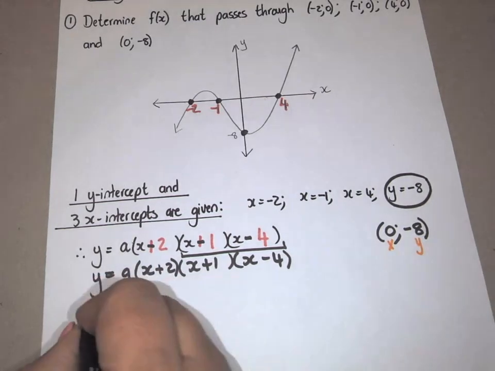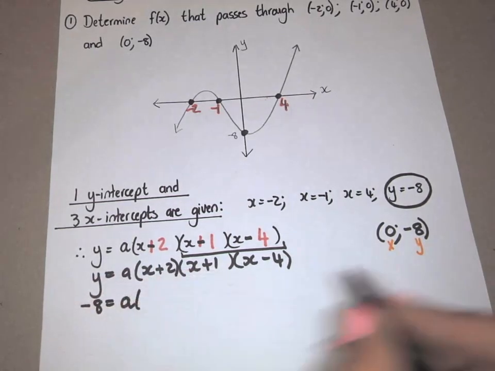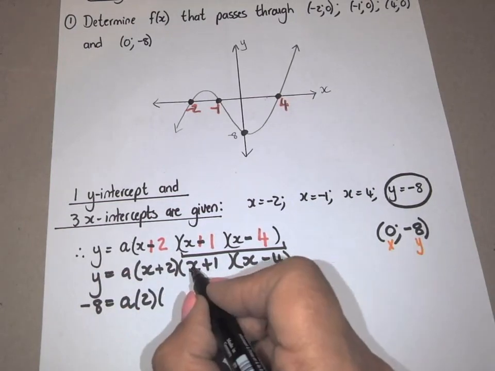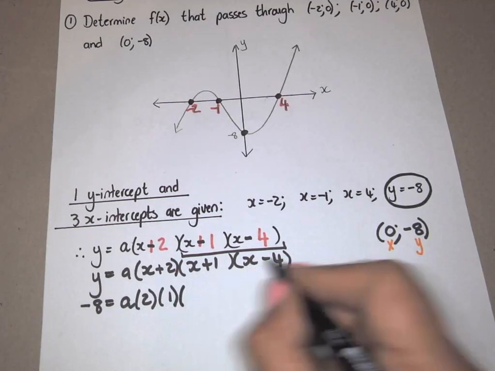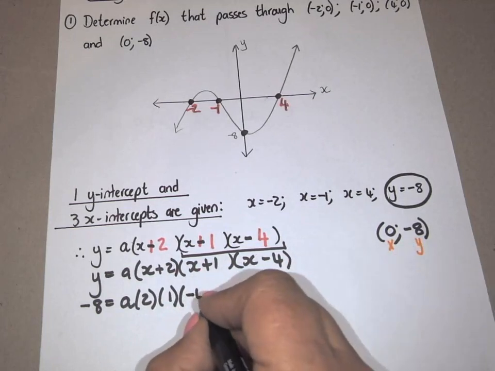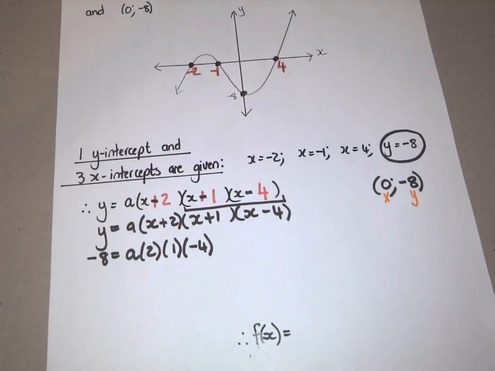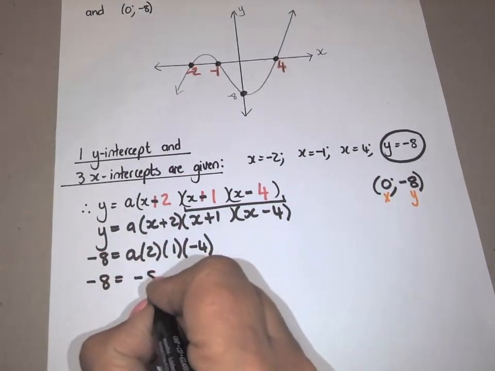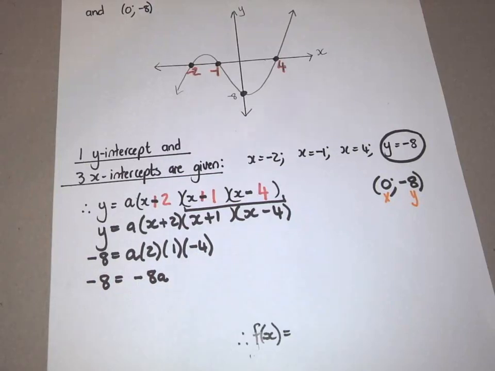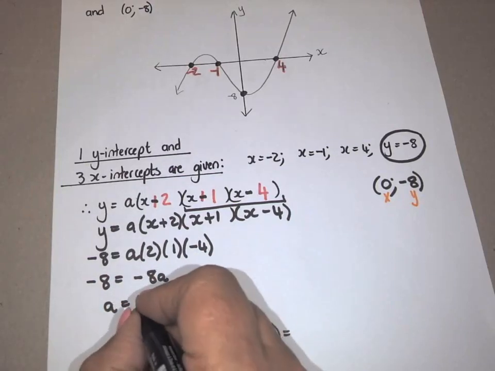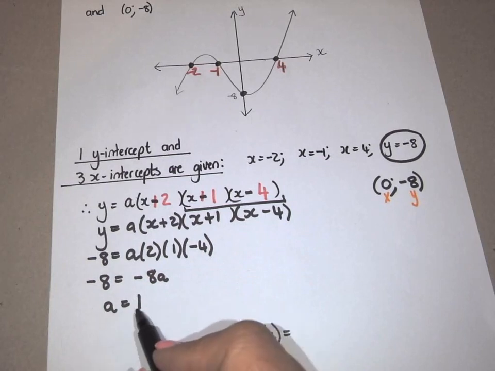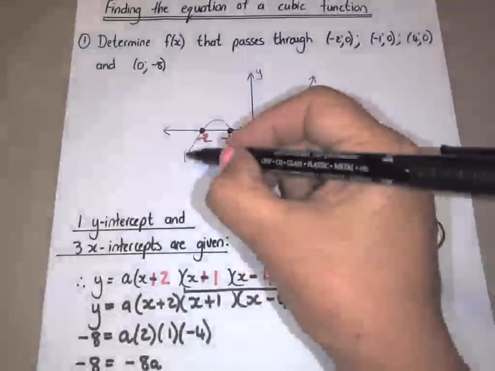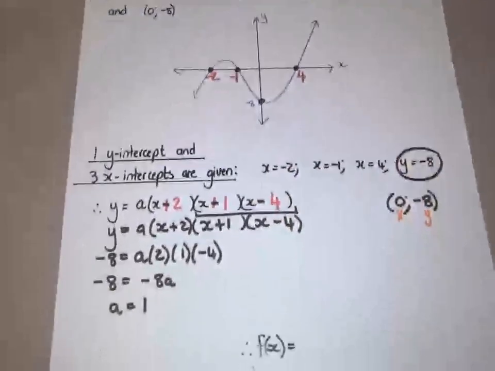So the y is -8 equals a, x is 0, 0 plus 2 is 2, x is 0, 0 plus 1 is 1, x is 0, 0 minus 4 is -4. Then you multiply the brackets out and you get -8 equals -8a. And we can work out that a equals 1. So a is a positive 1.